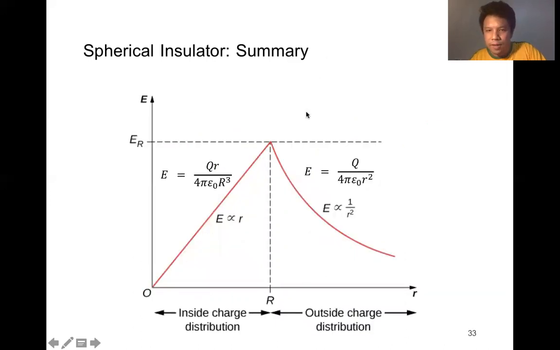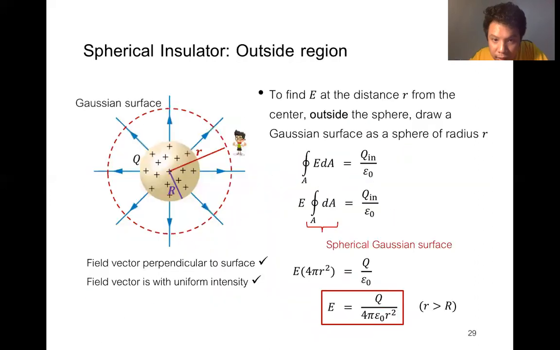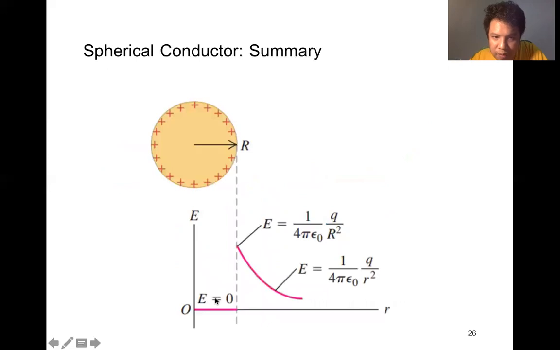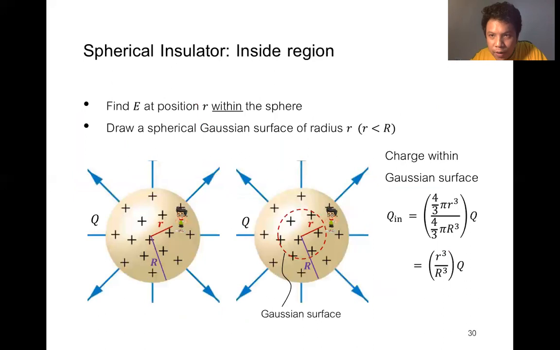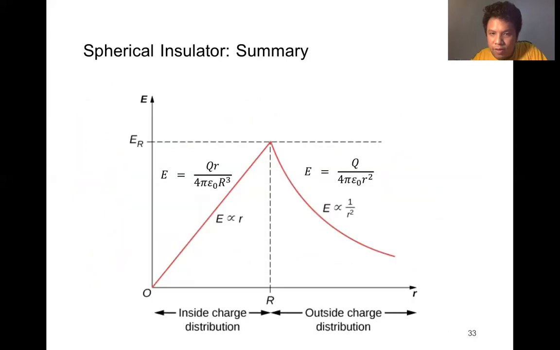That's the different picture we see compared to the conductor, where we see no field at all inside. For the insulator with uniformly distributed charge, the electric field inside the spherical insulator increases as a linear function and then decreases as the inverse R squared function.